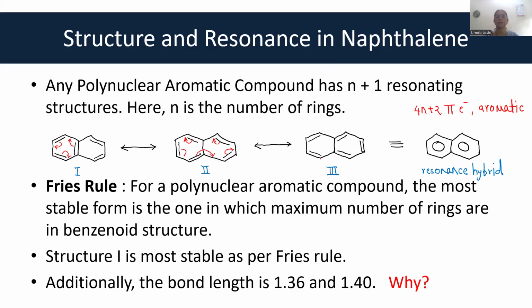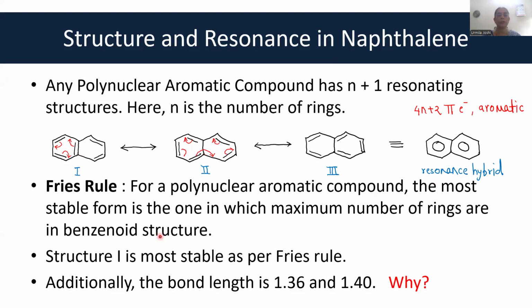As a result, the third structure is formed. And actual naphthalene is a resonance hybrid of all these three structures. Look at the three structures. Naphthalene is a resonance hybrid.